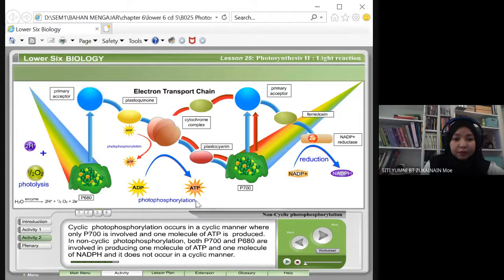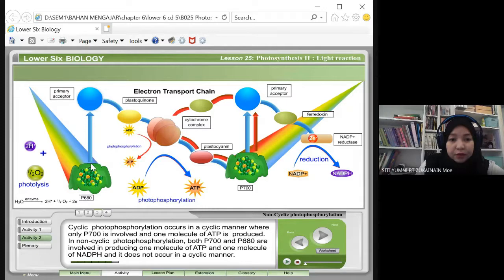Now, cyclic photophosphorylation occurs in a cyclic manner where only P700 is involved and one molecule of ATP is produced. In non-cyclic photophosphorylation, please observe the blue arrow here.